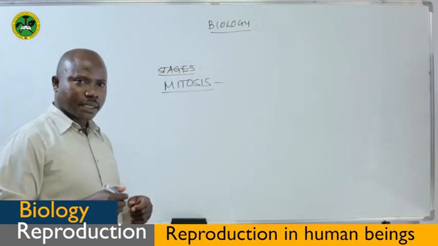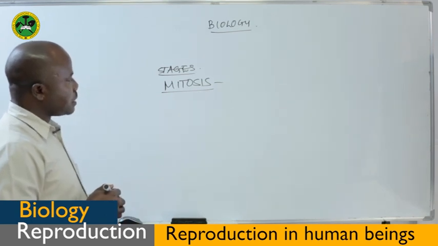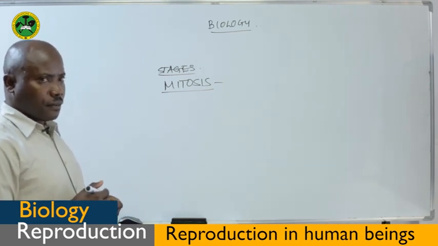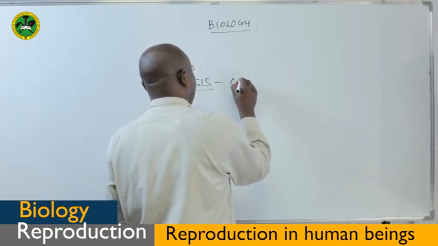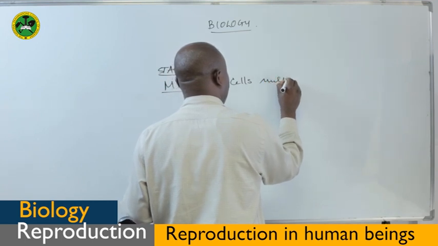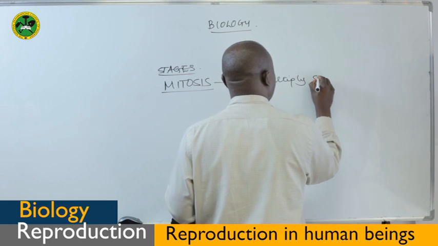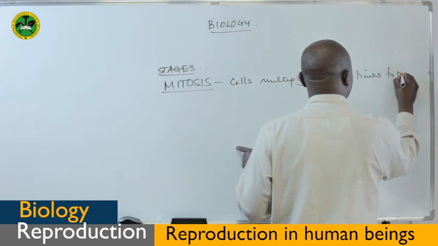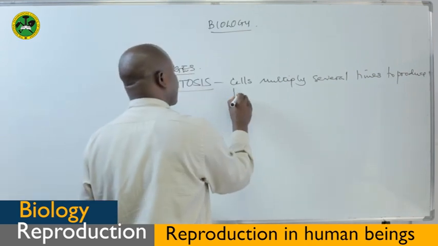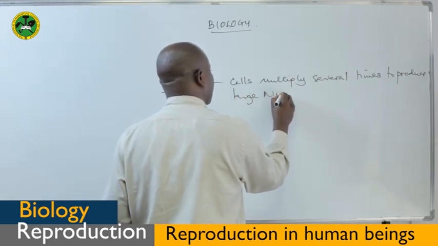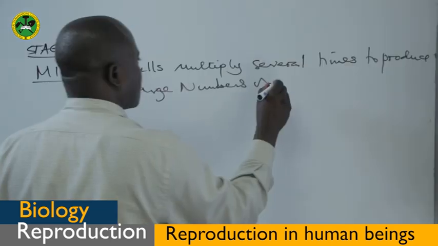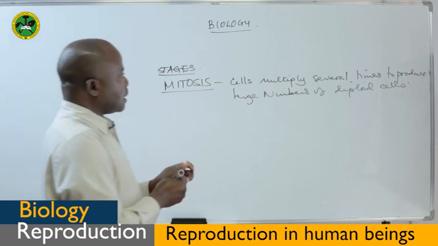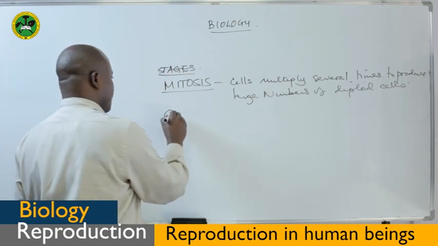The first stage of gametogenesis involves mitosis, in which the diploid cell multiplies several times to produce a large number of diploid cells. The second process is growth.